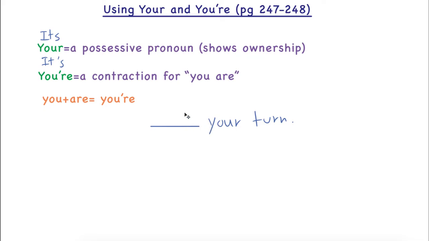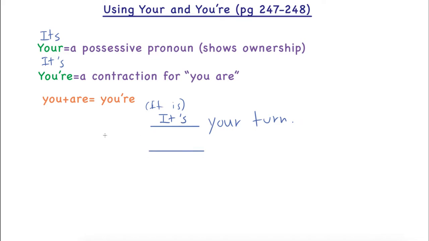If it makes sense, use the one with the apostrophe. If it doesn't make sense, use its without the apostrophe. So if I said "it is your turn," does that make sense? Yeah, that makes sense, so I would use the one with the apostrophe, it's.